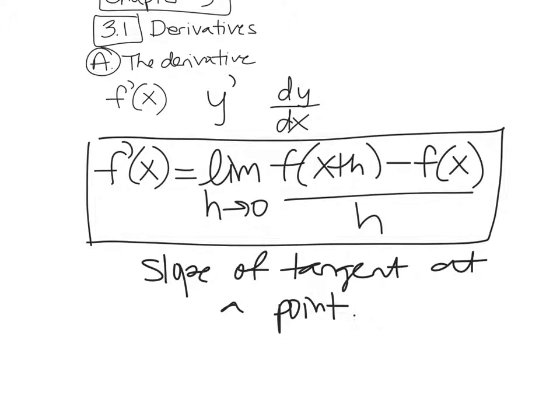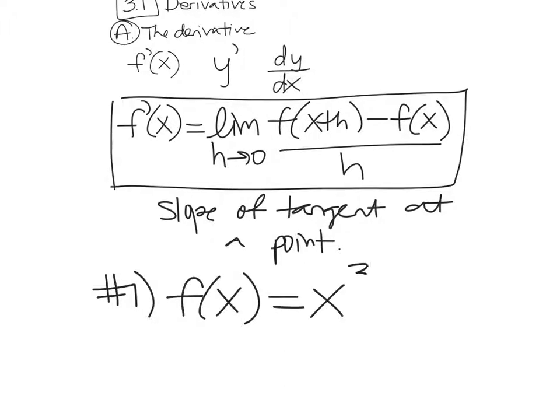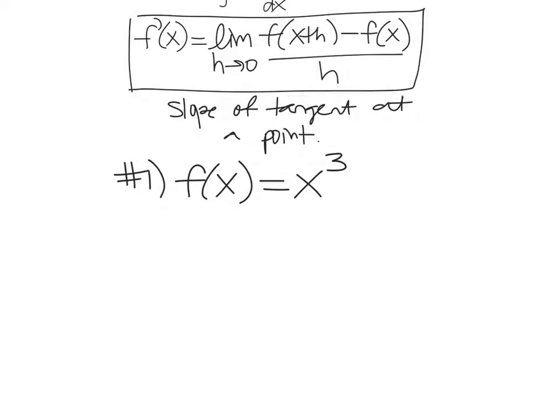The derivative is the rate of change at any point on a graph. So for example, let's do number 1. We're given this cubic function, f of x equals x cubed. And we have to find the derivative of that. You have to find f prime of x. You would have to plug that into that whole thing. We did that. We did x plus h cubed one time.